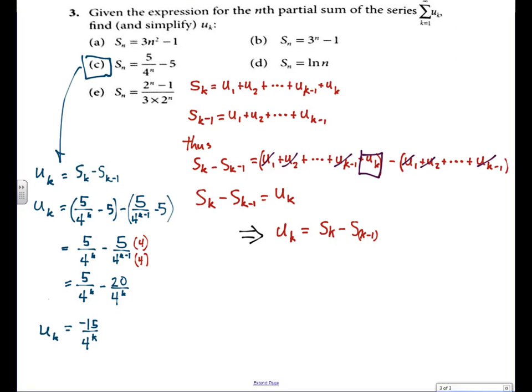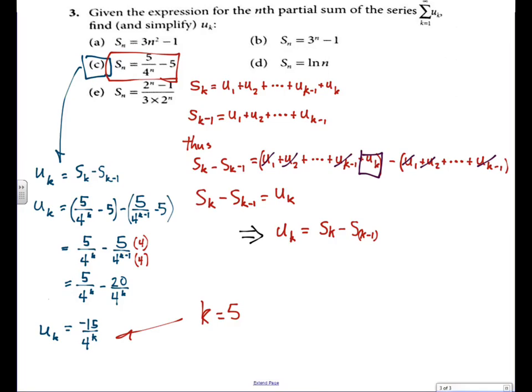So that's the general term of the sequence that produces the partial sum formula shown there. You could verify this, of course, by picking a value for k, like let k equal 5, and then you can find the first 5 terms, find the fifth partial sum, and then see if the formula that was given here gives you the fifth partial sum by just putting in 5 for n. And that would be convenient.